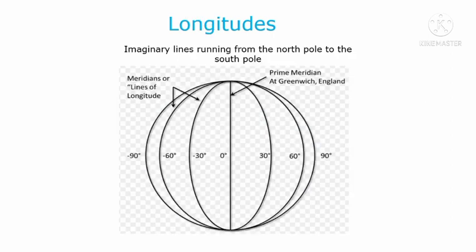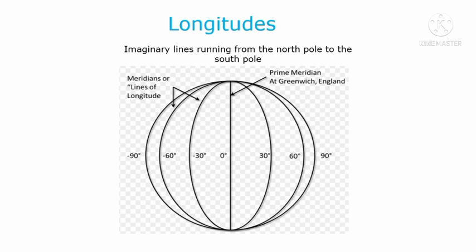Now longitudes. These are also the imaginary lines running from the North Pole to the South Pole. These are the vertical lines drawn on the globe or Earth.